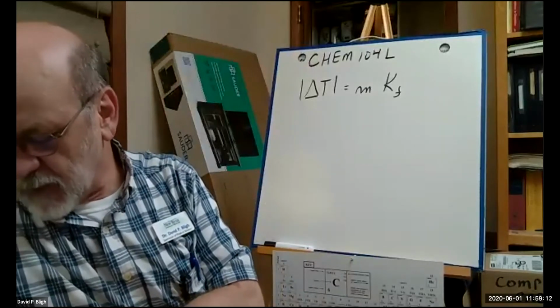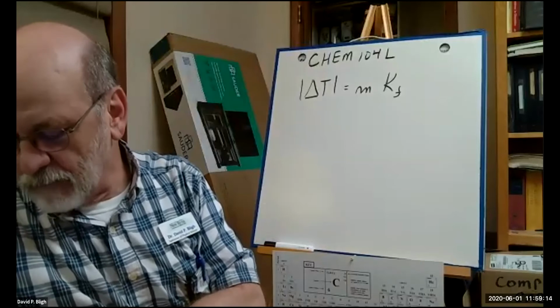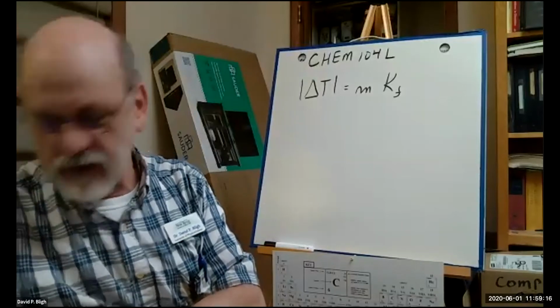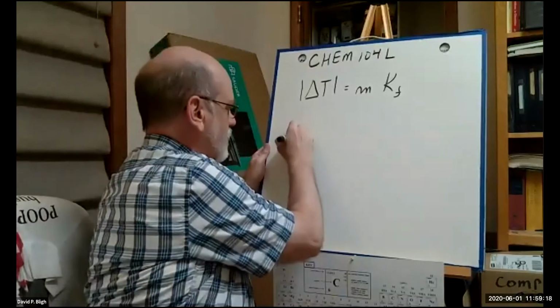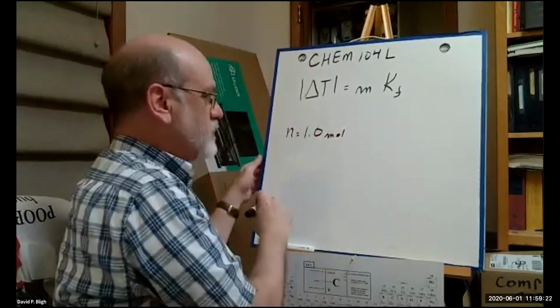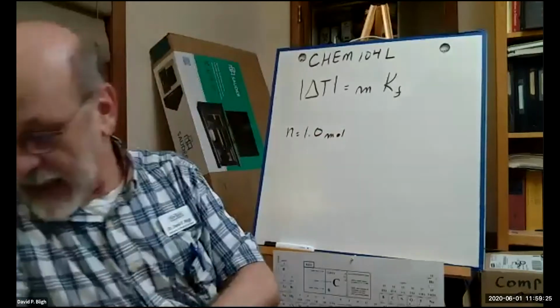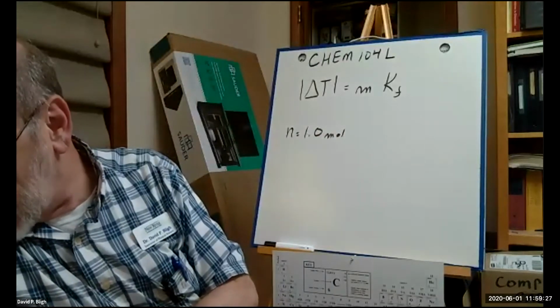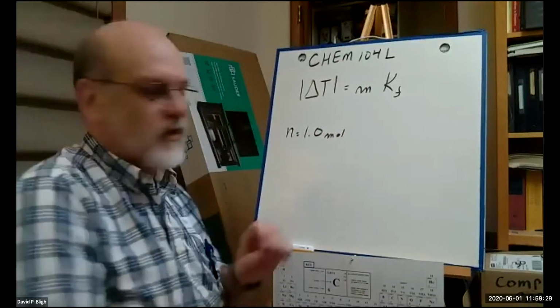Calculate the freezing point depression of a solution that contains 1 mole of non-volatile solute. So we have 1 mole of solute, and the solvent is 0.2 kilograms of water.